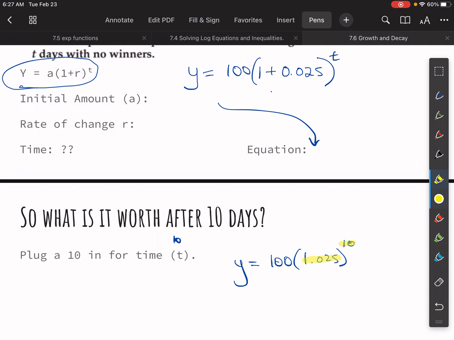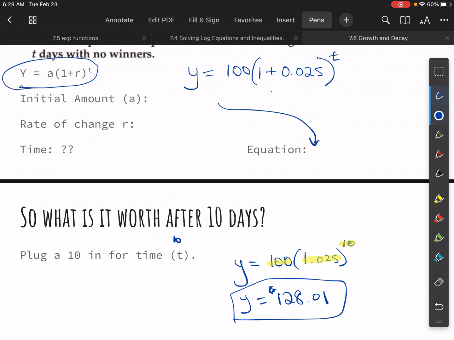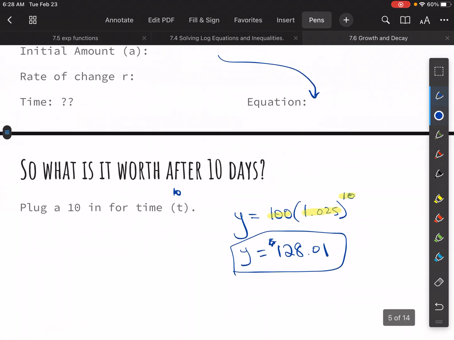You're going to take that to the 10th power, which I encourage you to do right now with the video. Make sure that you get this answer correct. Then you're going to multiply that answer by 100. Okay, when you do that, you get y is equal to $128.01. Okay, so if you win the prize on day 10, you get $128.01 on the gift card.